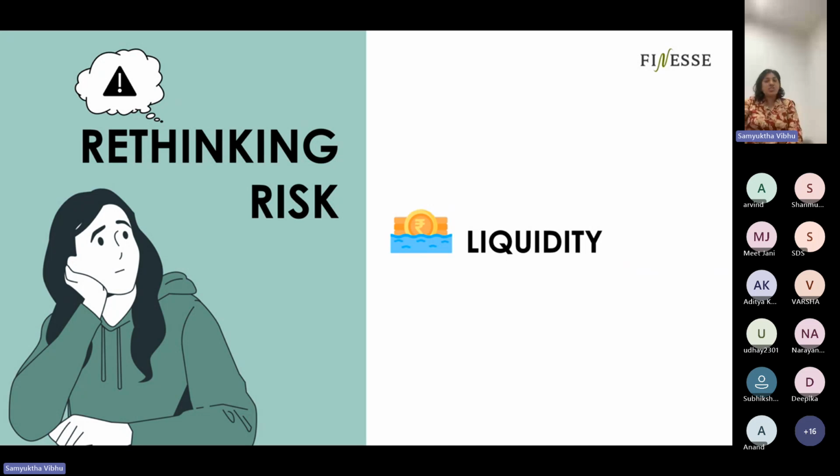We also need to think about liquidity. And I think this is where it gets a little tricky because there is always a trade off between liquidity and returns. So if you're thinking of high yield bonds, then there is a question mark over how much liquidity you will have, whether you'll be able to sell and buy as easily as you would like to.